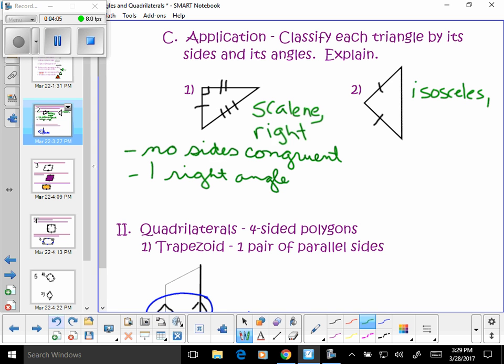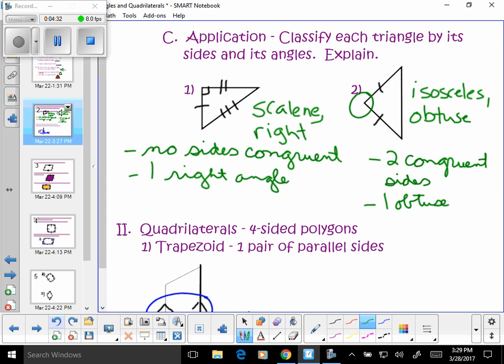And in this case, I'm checking out right here. That angle, it's hard to tell, but it's really obtuse. So therefore, it's an isosceles, obtuse triangle. You could also say obtuse isosceles triangle. The explanation: 2 congruent sides, and you have 1 obtuse angle.